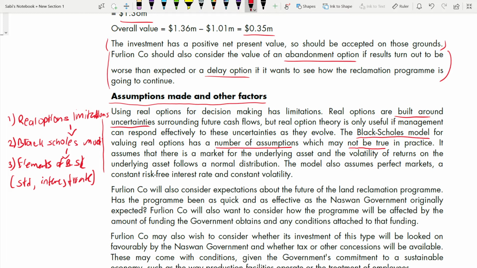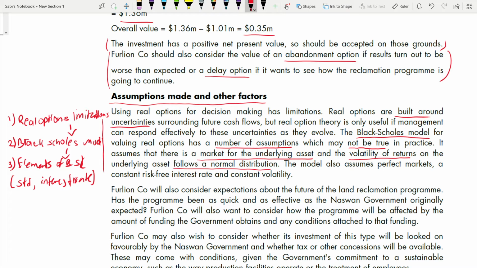Okay, it assumes that there is a market for the underlying asset. We assume that there's a market. So this is one of the assumptions. Market for underlying asset. This has always been repeated in the Black-Scholes option pricing model. Okay, so this is one of the assumptions that there's a market for the underlying asset and the volatility of returns on the underlying asset follows a normal distribution.